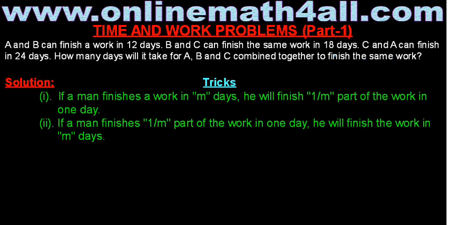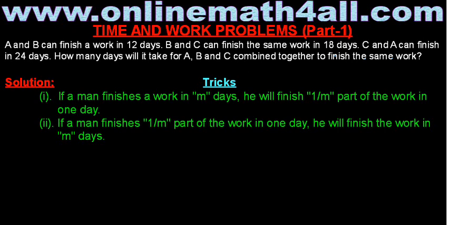Before we try to solve this problem, let us first understand the information given in the question, because we find three pieces of information. The first one is that the two persons A and B can finish a particular work in 12 days. B and C can finish the same work in 18 days. C and A can finish the same work in 24 days.